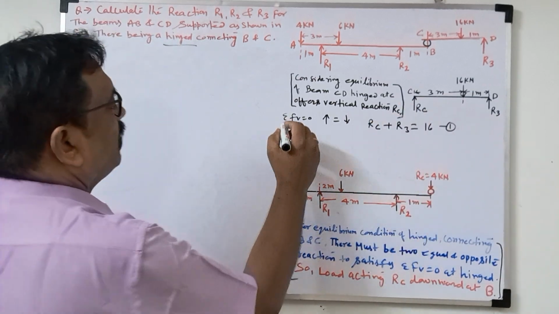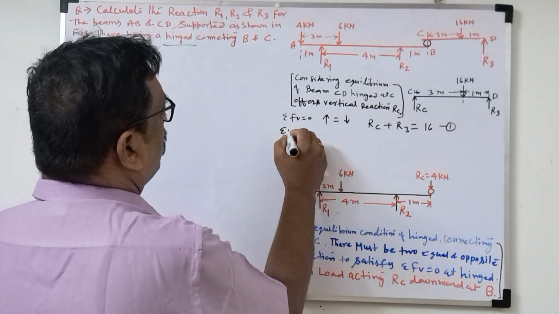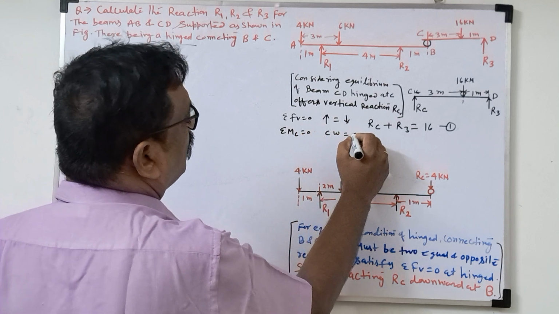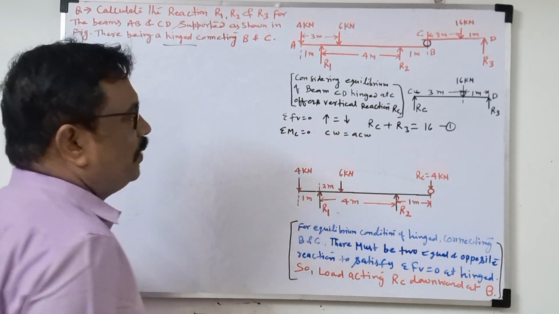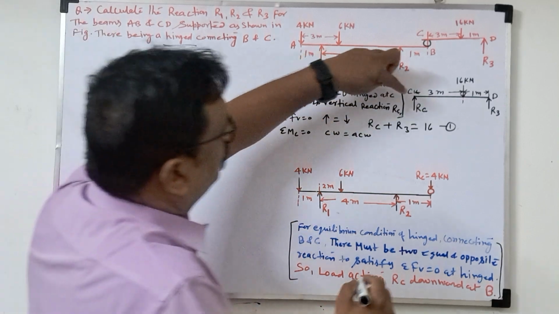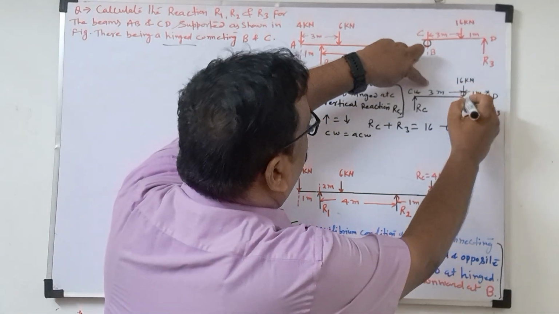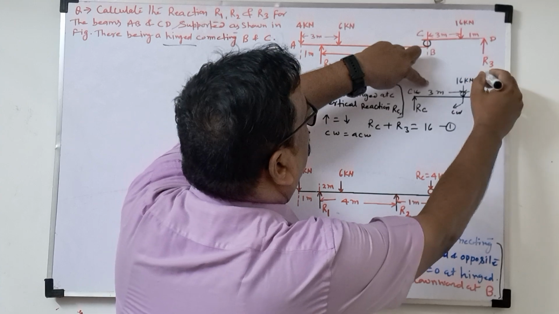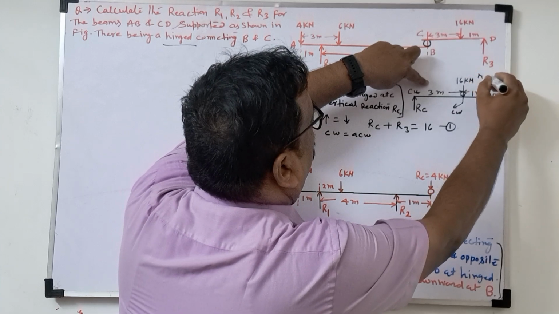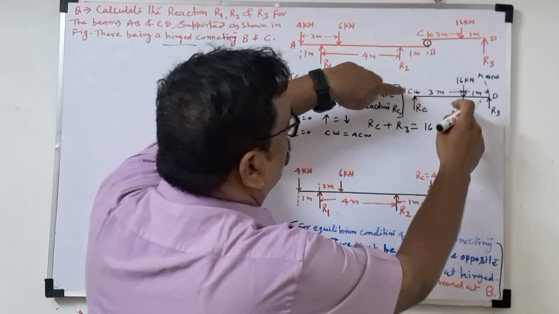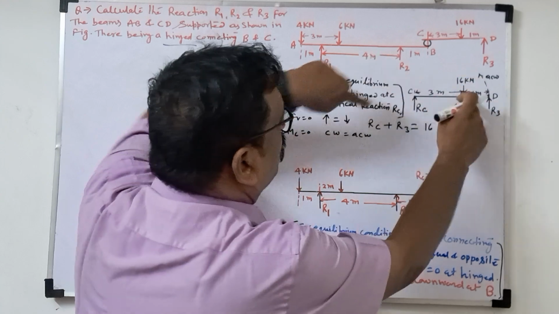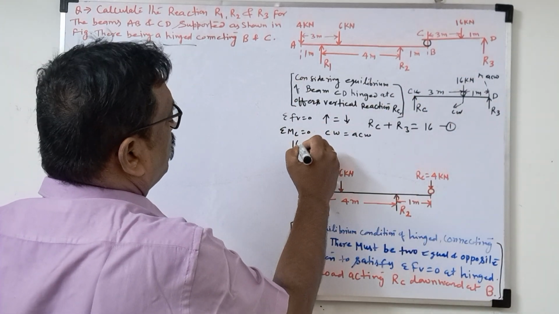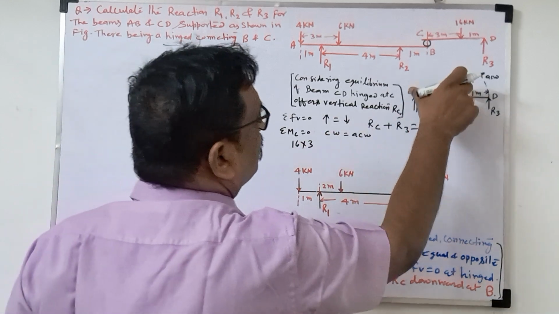Now we'll take the moment about C. Moment about C equal to 0. That means I will take the total clockwise moment equal to the total anti-clockwise moment. So what is the clockwise moment here? If you see, this is the clockwise, and this will be the anti-clockwise moment. So the clockwise moment is 16 into the total distance 3.